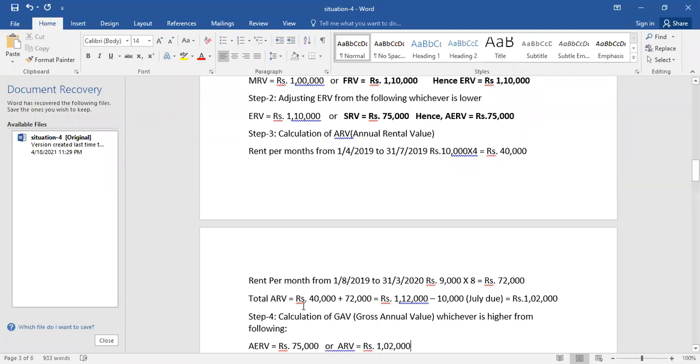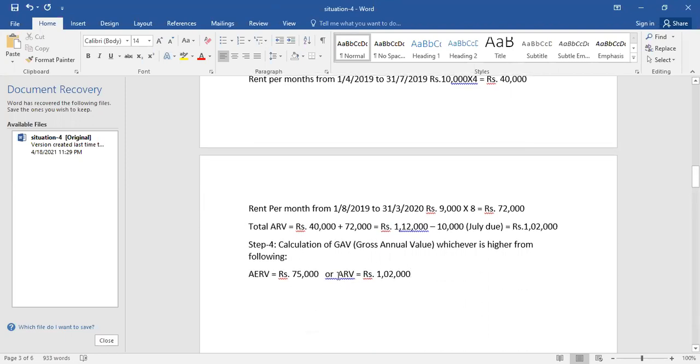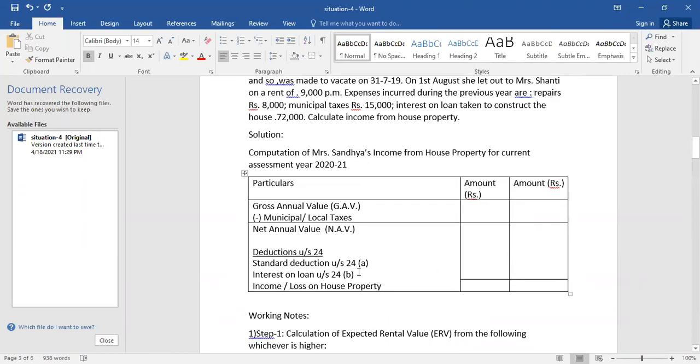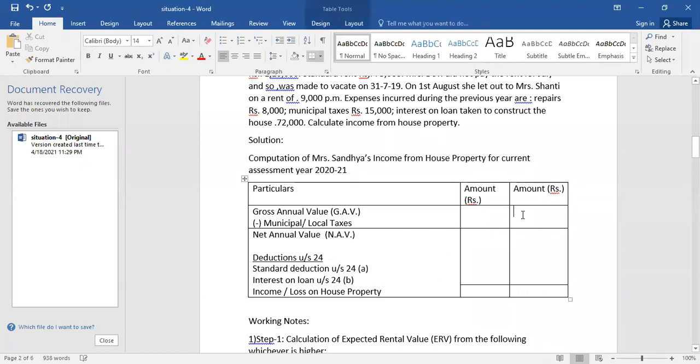Yes, sir. Whichever is higher. So whichever is higher is ARV, 1,02,000 rupees. Therefore, hence GAV is equal to 1,02,000 rupees. So this figure, 1,02,000, we are going to put now in the solution.